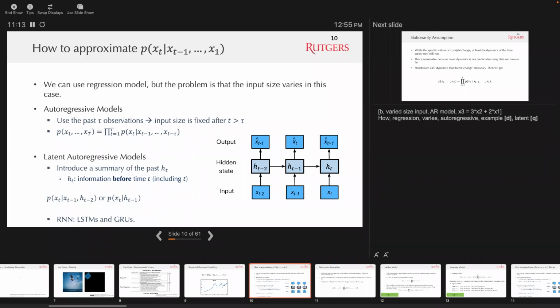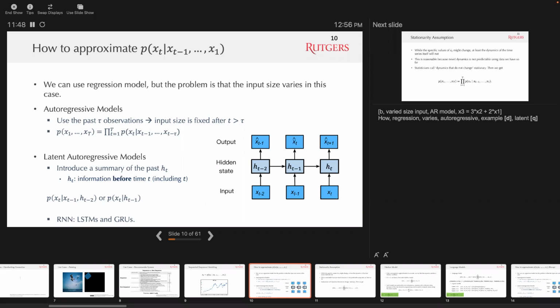This assumption may not be true, and oftentimes it's not true, but it's a trade-off you have to make, because otherwise you cannot train a model. Yeah. More questions? Okay.